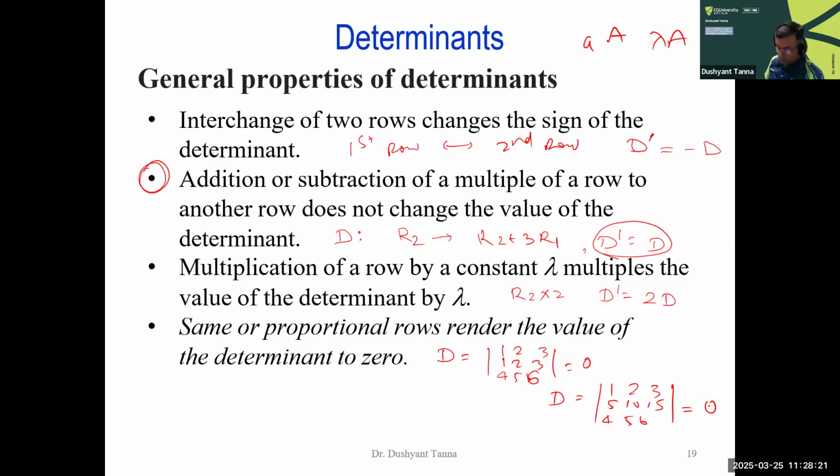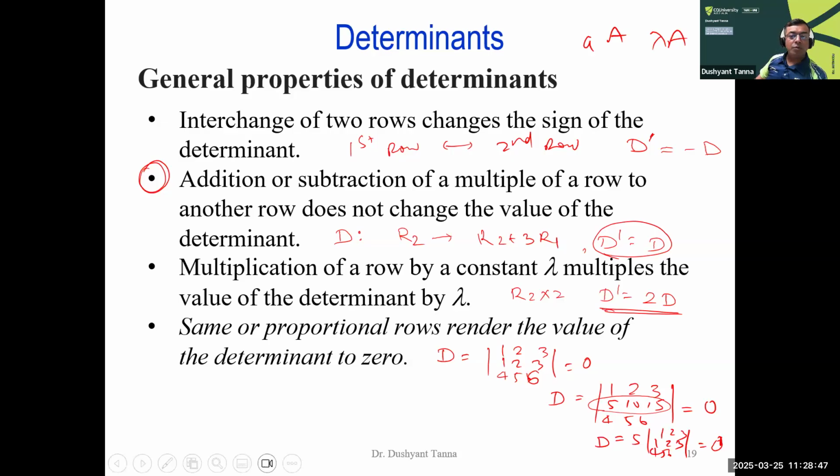Very simple. Here our second row is 5 times the first row. So if you follow this property, this D is 5 times the original with 1, 2, 3, 1, 2, 3, 4, 5, 6, and with two rows being the same, the answer will be 0.